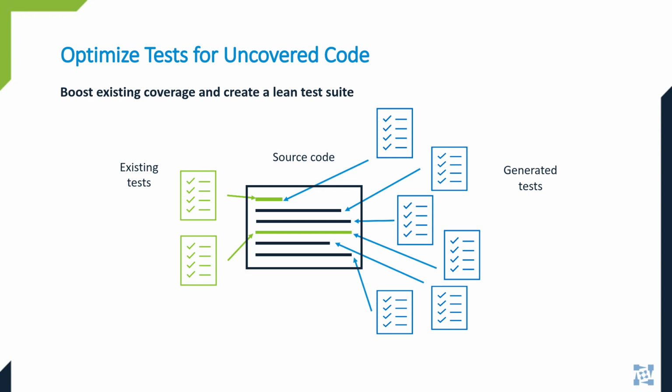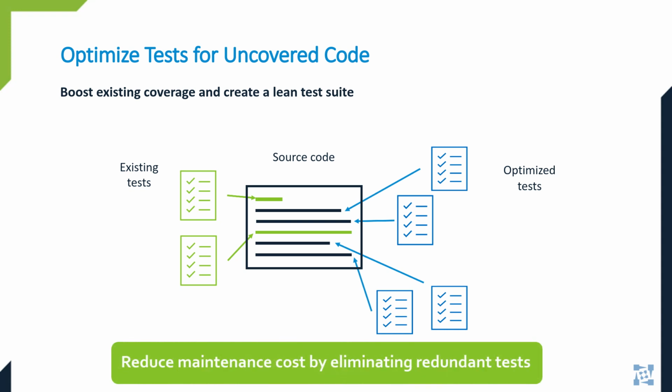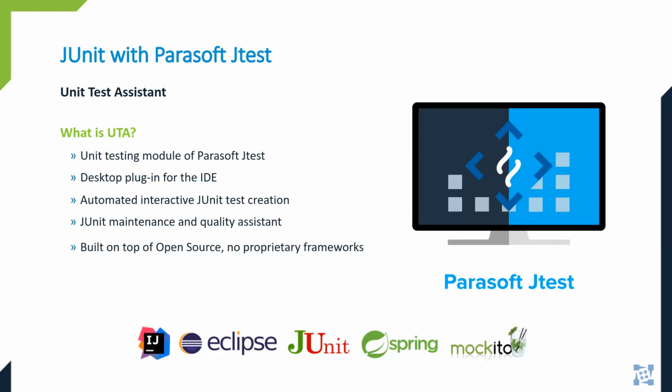Optimize your test suite. Let's remove some redundancy. Again, machines can do that. Machines are pretty good at being able to detect these types of things and optimize your test suites by removing those redundant tests. This is going to, of course, reduce maintenance in the long run because you don't have the overlap of various different types of tests written from different errors or from different times.